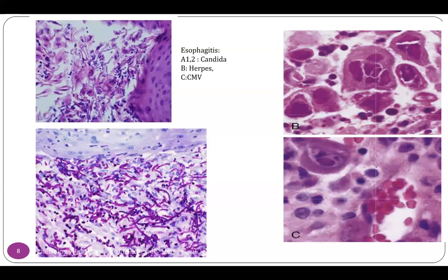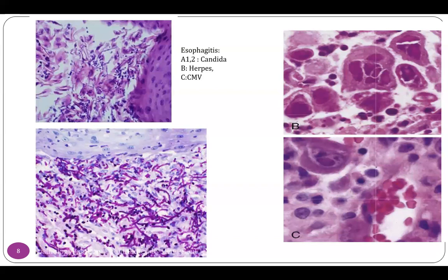In herpes simplex, we see inclusion within the nuclei, not in the cytoplasm. In herpes we have the triple M's: multinucleation, molding, and so on. So we see inclusions within the nuclei, and many times more than one nucleus, usually in the epithelial cells.